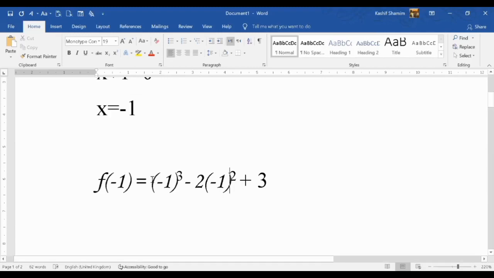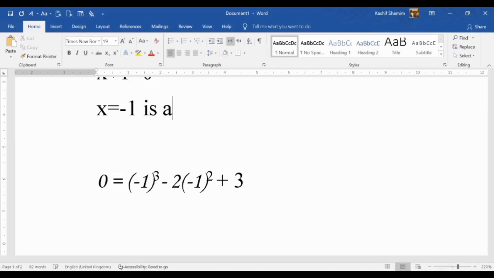Now when you try to find out the value of this expression, the answer is going to be 0 through simple mathematical calculation. So if this is equal to 0, it means that x plus 1 is a factor of the following expression.